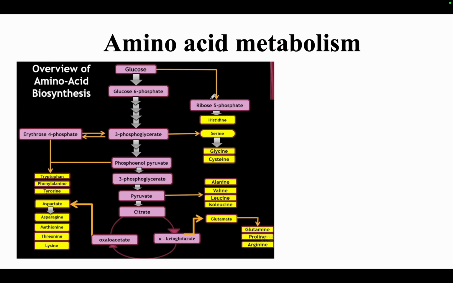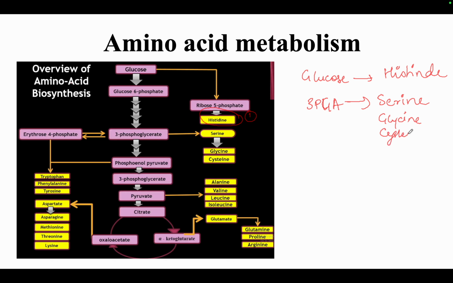Glucose can be converted to ribose 5-phosphate, and from that we get histidine. From 3-phosphoglycerate, that is 3-PGA, we have serine synthesis, and then we have glycine and cysteine. So these are the amino acids converted from 3-PGA.